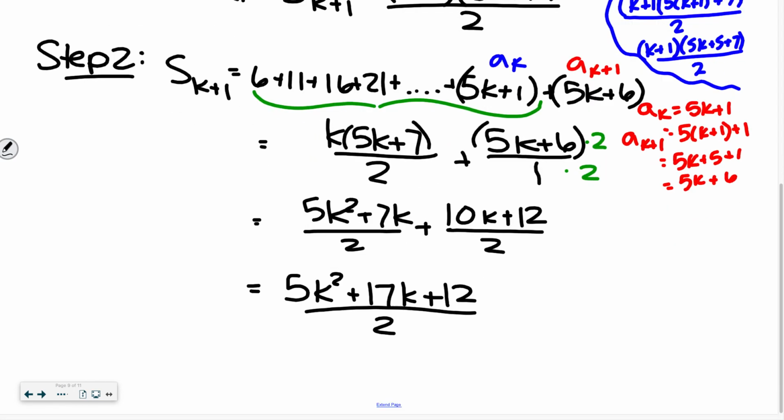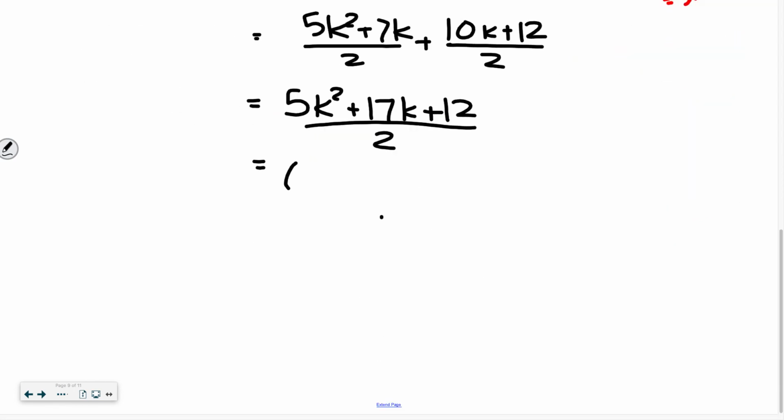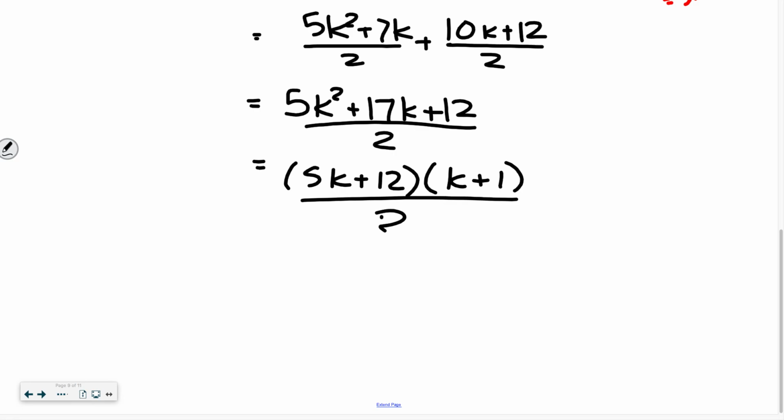So let me just write it like that. Hang on one second, okay? I'm going to write it like that. 5k plus 12 times k plus 1 over 2. FOIL it out. 5k squared plus 5k plus 12k. There's my 17k plus 12. It is actually that thing. So thus it is true.